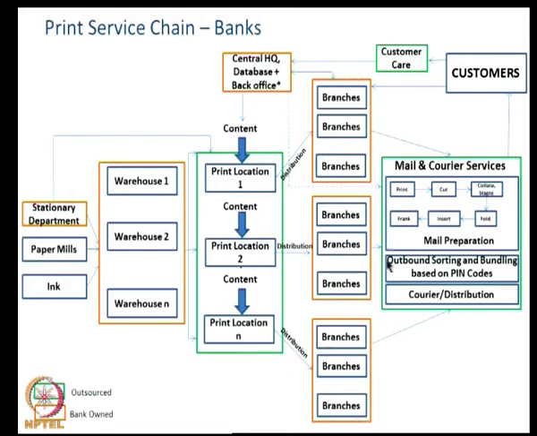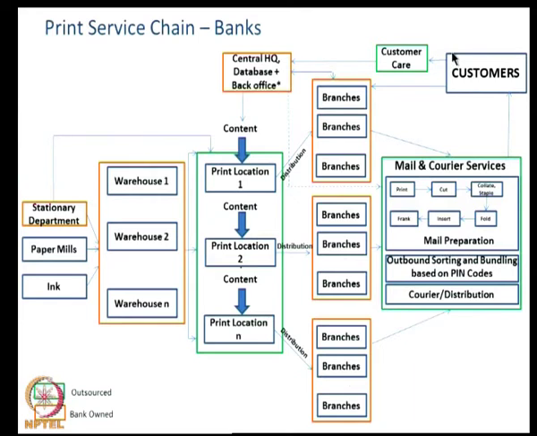Imagine these 5,000 bank branches. Once the branches fill these, there is outbound sorting and bundling into pin codes, courier and distribution, finally partly to the customers, partly to the headquarters, and so on to customer care.